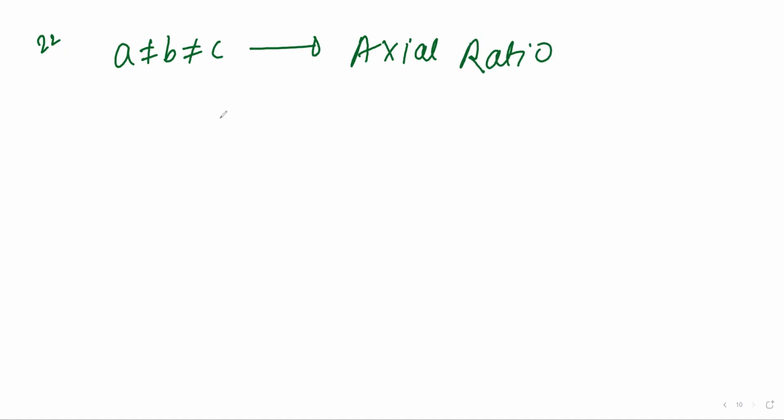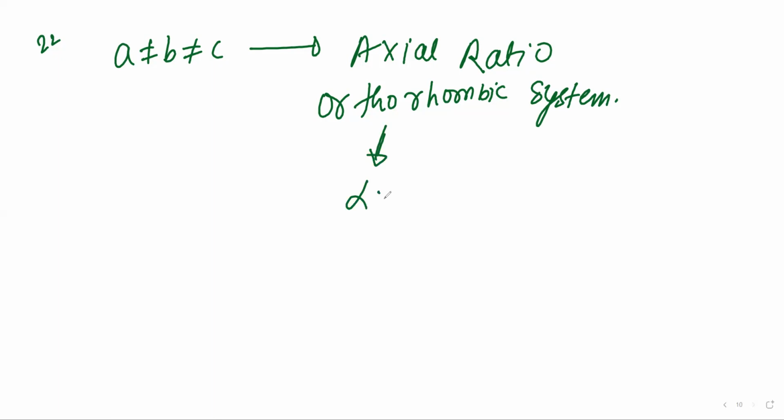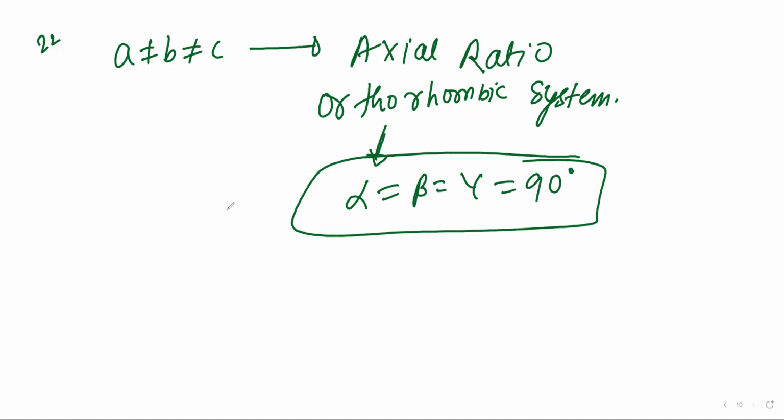For the orthorhombic system, the sides are not equal. So what will be the answer for the angles? In orthorhombic, please remember all the angles are equal: alpha, beta and gamma are equal to 90 degrees, right?